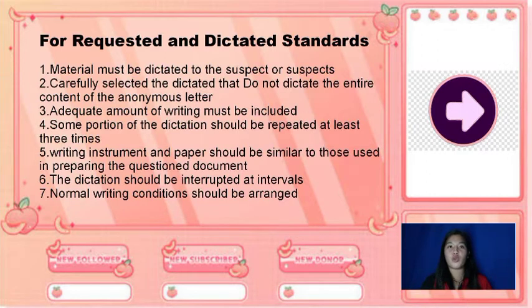Fourth, some portion of the dictation should be repeated at least 3 times. Fifth, writing instrument and paper should be similar to those used in preparing the questioned document. Sixth, the dictation should be interrupted at intervals. Lastly, normal writing conditions should be arranged.